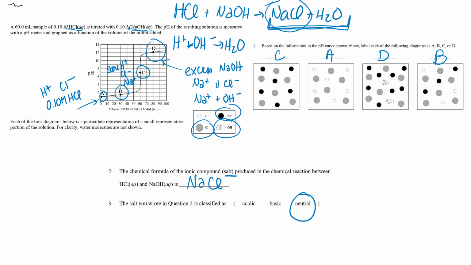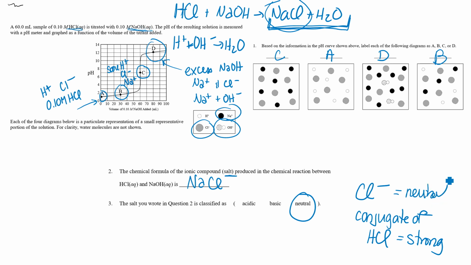And remember, one of the ways that we can identify if a salt is going to be acidic, basic, or neutral is if you look at that anion, Cl minus, it is the conjugate of HCl. And if HCl is a strong acid, that means its conjugate is neutral. So there's a saying that weak pairs with strong, strong pairs with neutral. So the conjugate of something strong is going to be neutral.